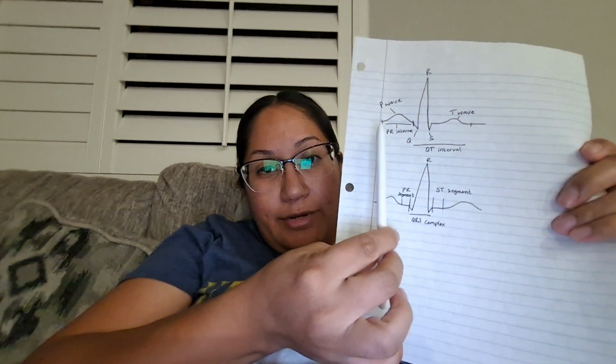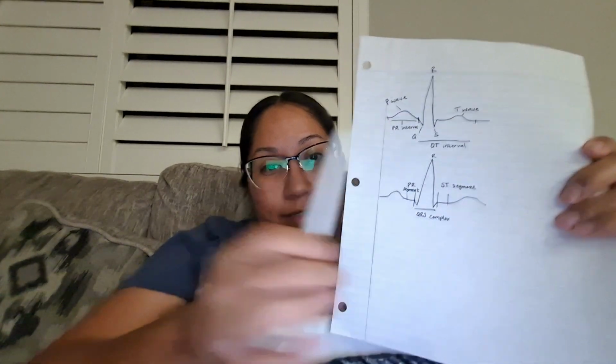And then the PR interval, which is right here in between, starts at the beginning of the P wave and ends at the beginning of the QRS complex.